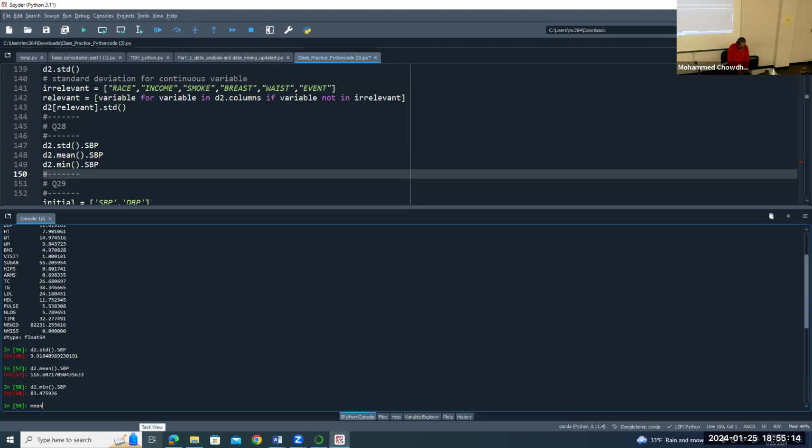You write mean, and then D1 and the dollar sign SBP. But now if you hit this, you will get nothing. This is the way you have to write the code in R. But here you have to declare the data first, then specify the function you are computing, and finally, by putting a period, specify the variable you are interested in.